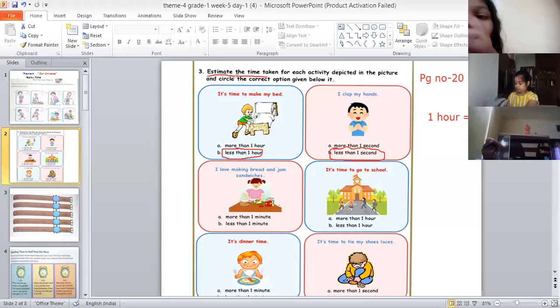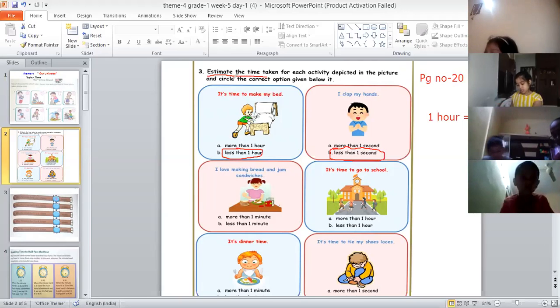It's written in blue color. I love making bread and jam sandwiches.